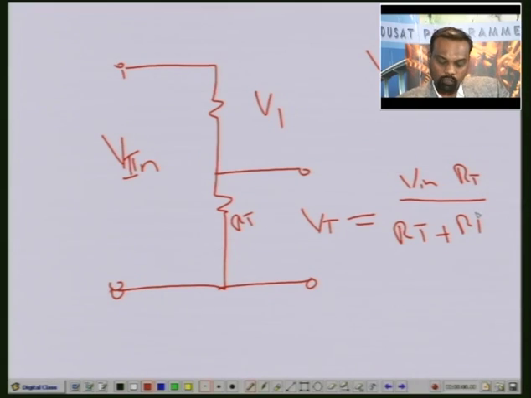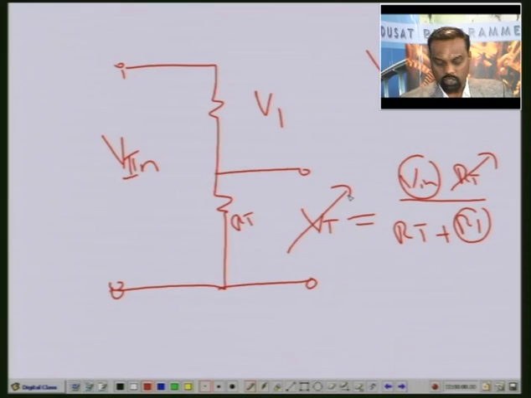Here R1 is fixed, V in is fixed, and RT is going to change. As RT changes, the voltage also changes. This is how we measure the voltage change related to temperature change.